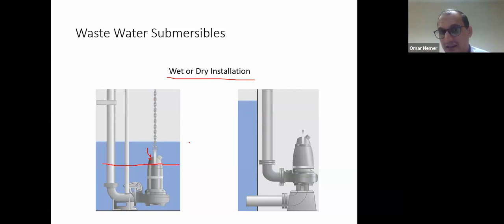Okay, I pump the liquid till it reaches the head of the motor, then I will stop pumping. Why? Because these motors must not be uncovered by the liquid, because they need this liquid for cooling.